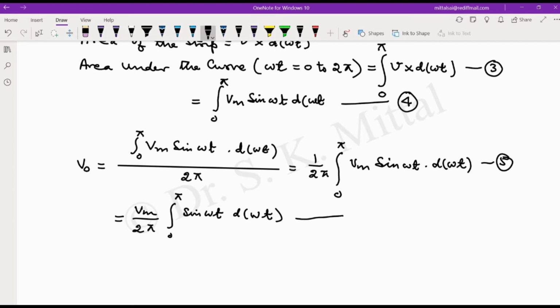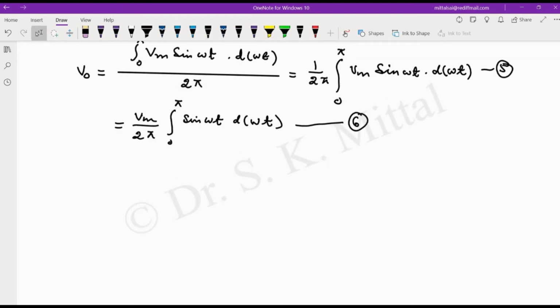Now, V0 is equal to Vm upon 2 pi, and the integral of sine omega t is minus cos omega t, and the limit will be taken from 0 to pi.